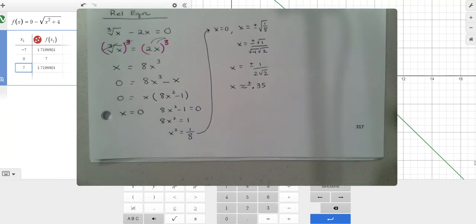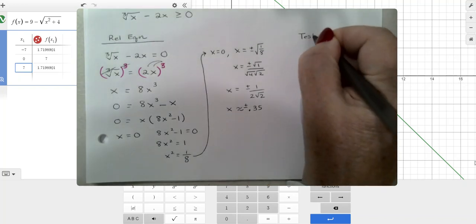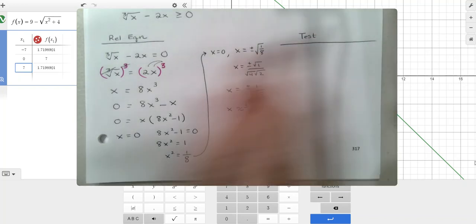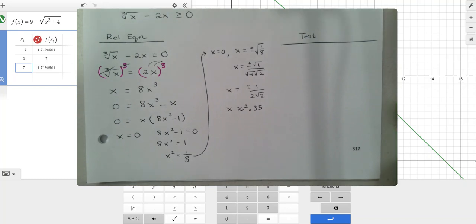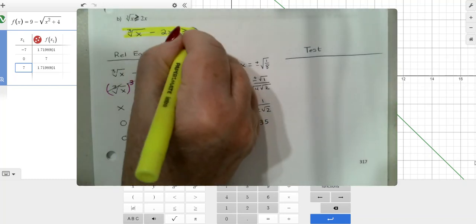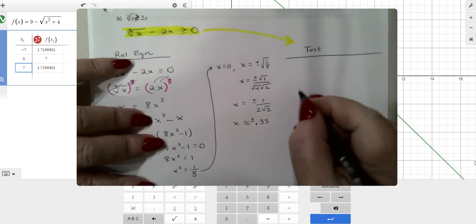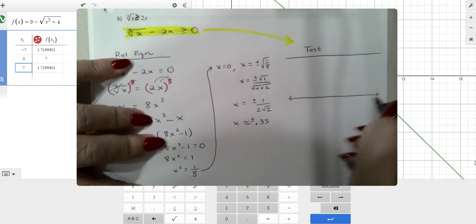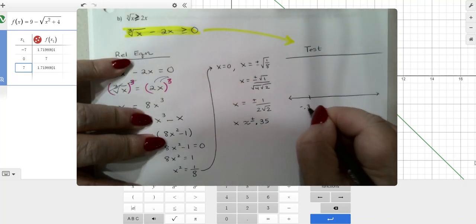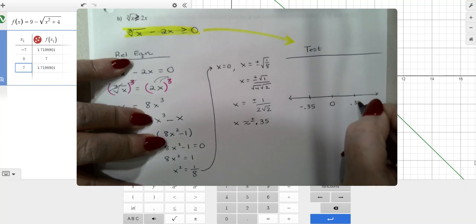All right, so 3 points to put on my number line to test. And again, just a reminder, this is what I'm testing. I got negative 0.35, 0, and positive 0.35.